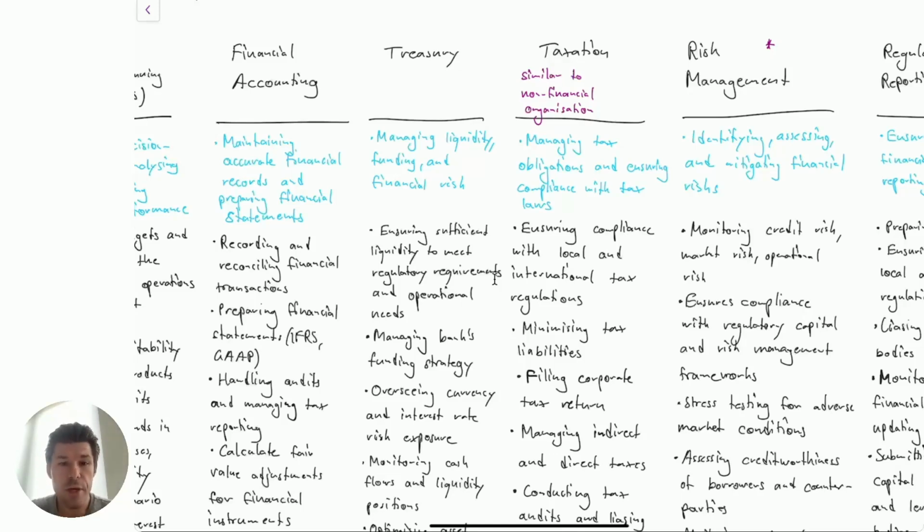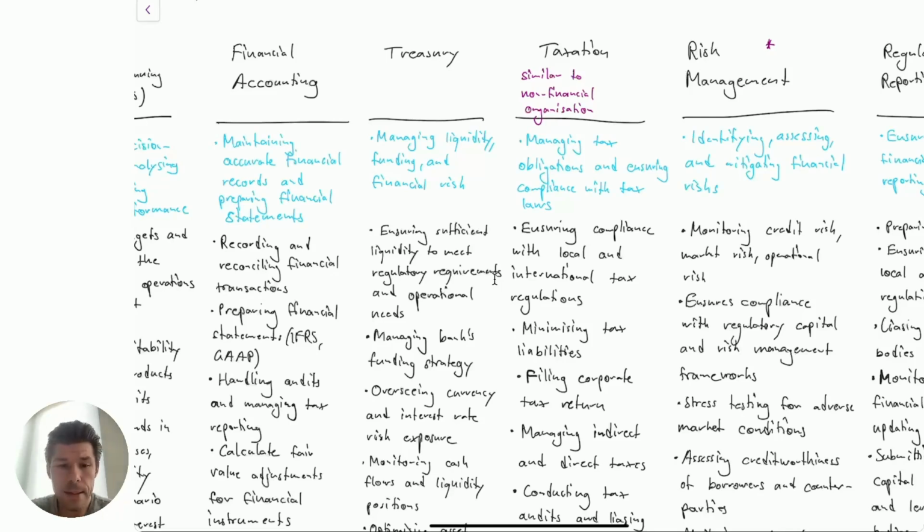Treasury is really the day-to-day management of financial risk, particularly related to liquidity, funding, and market conditions. Whereas risk management's role in managing financial risk is more oversight, management, and strategic management of all risks across the organization, including credit, market, and operational risk.